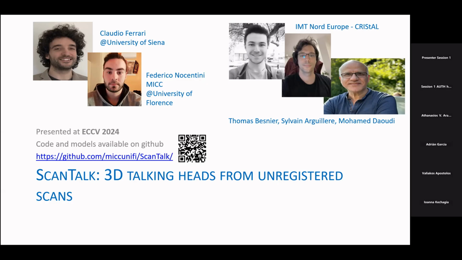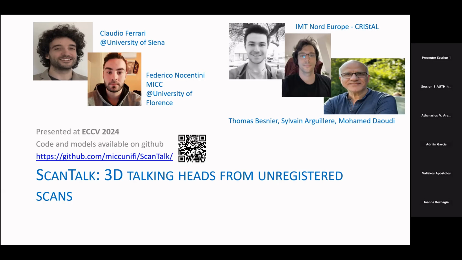to solve a different problem, because in basically all the methods that I have just presented, one limitation is the fact that all the 3D data that we use should be prepared in a registered way. This means that the 3D meshes that we use should have the same number of points, and these points should be connected in the same way, so that the topology of the mesh should be the same.